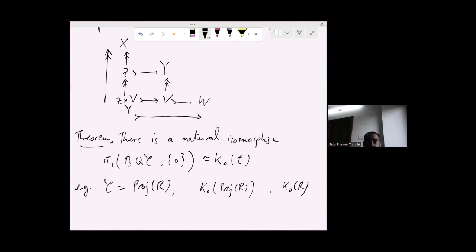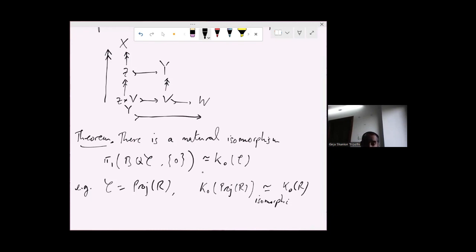The next theorem is that actually these are isomorphic. Apply the Q construction to this category and take its pi 1 or its K0 defined here, and that is the same as K0R. Maybe you would have seen this anyway. This follows basically from definitions.